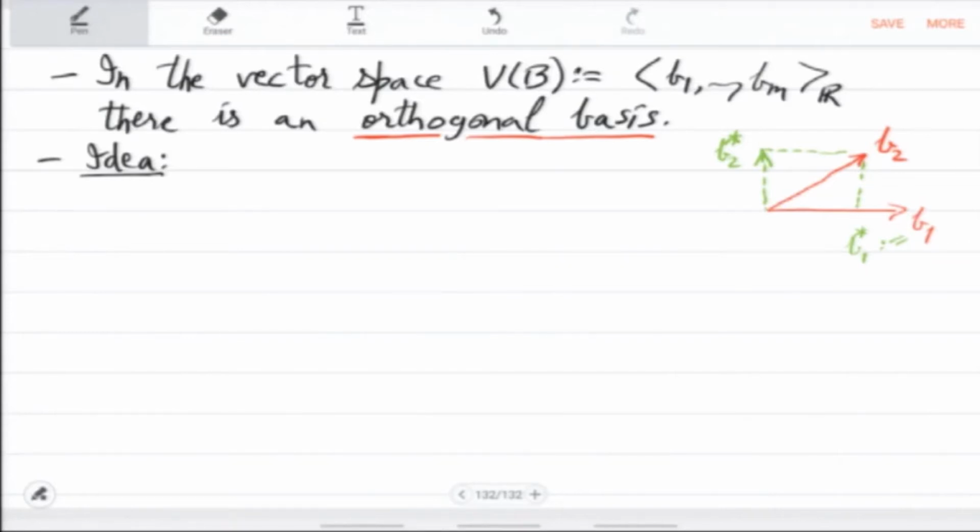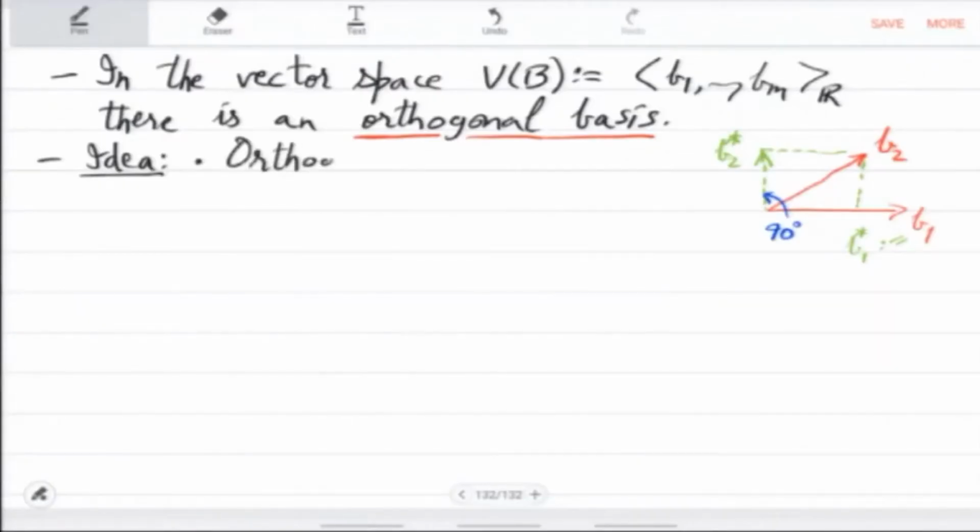You are given a basis, start with the first two, project B2 on B1 and remove that component from B2. What you are left with is called B2 star, and that is orthogonal to B1 star. The important thing here is this 90 degrees. This orthogonality is what we want. So this two-dimensional idea is the most basic idea, and then we will build on this and make it higher dimensional. So let us make it symbolic first.